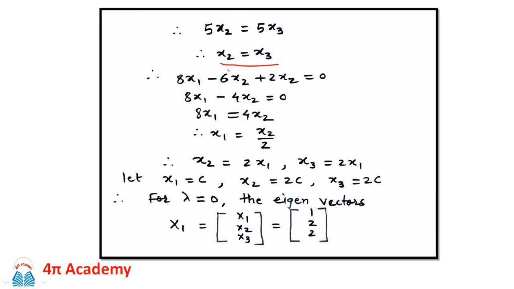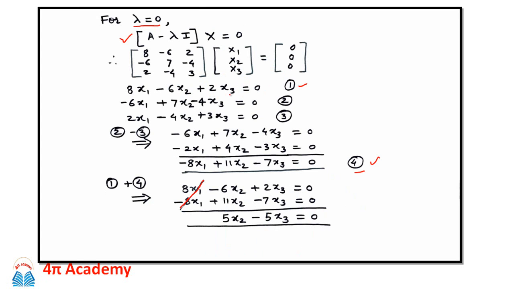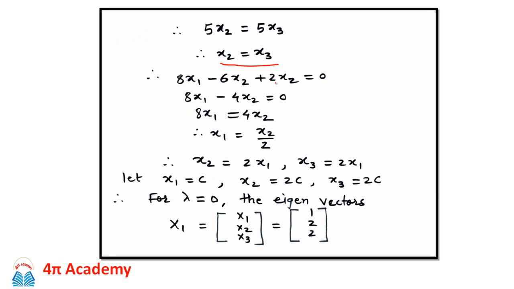Now let us substitute this value, x2 is equal to x3, in equation 1. So we get 8 times x1 minus 6x2 plus 2x2 is equal to 0. So we get 8x1 minus 4x2. Here we have substituted in equation 1 the value of x3 as x2, and for this we get 8x1 minus 4x2 is equal to 0.